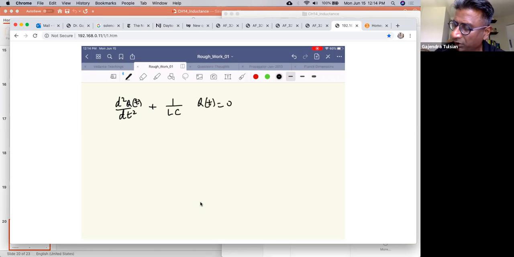So there is a differential equation we've gotten for the charge on the capacitor, which models the behavior of that system. Since L and C are positive, this is a positive quantity. To emphasize that that's positive, we'll write it as omega squared.